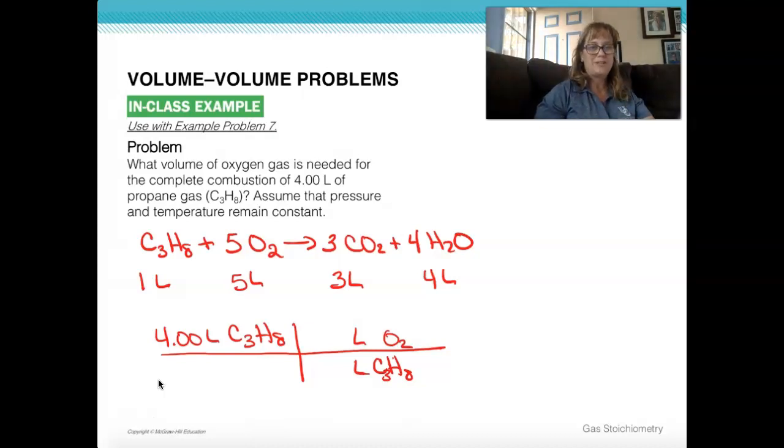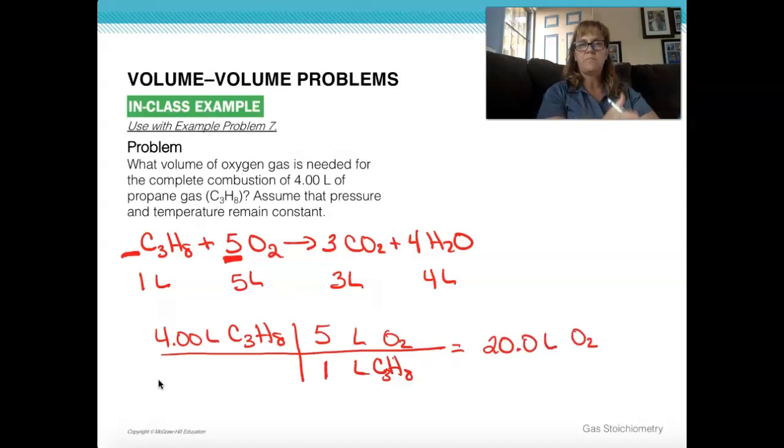Well, what is your ratio? There's a 1 with the propane. There's a 5 with the oxygen. So therefore, I would multiply this and I would find that I needed 20 liters of oxygen in order to completely combust with the 4 liters of propane that I started with.